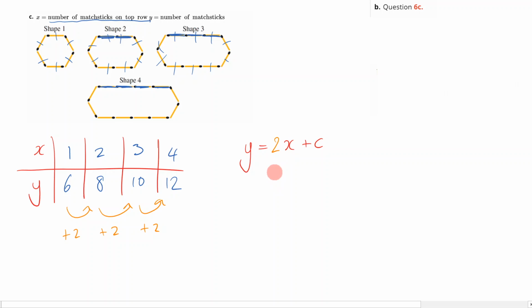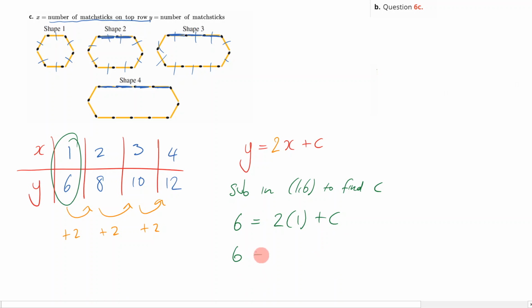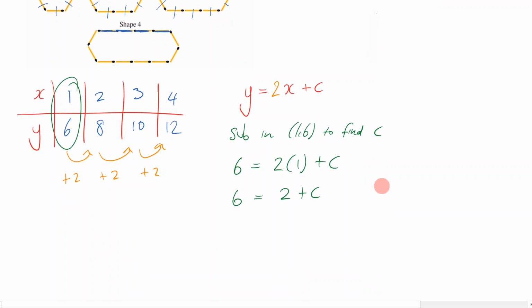And then we need to sub in a point to find what my c value is going to be. So I'm going to sub in the point 1, 6 to find c. I put a 6 here. 2 times 1 plus c. 6 is equal to 2 plus c. I then need to subtract 2 from both sides to find what c is going to be.